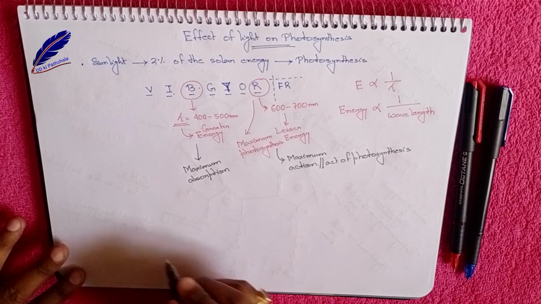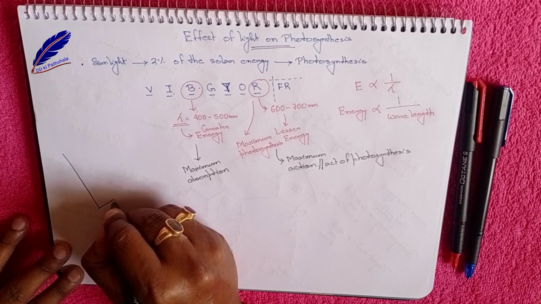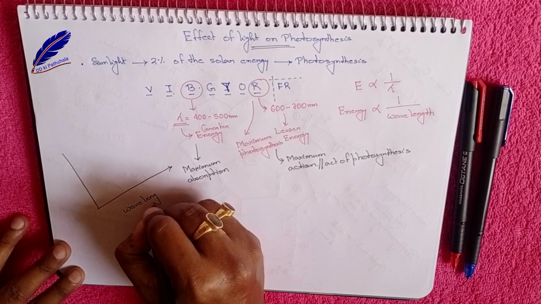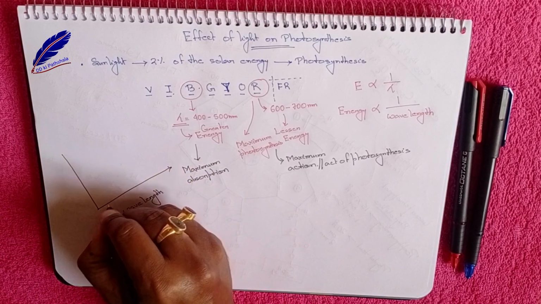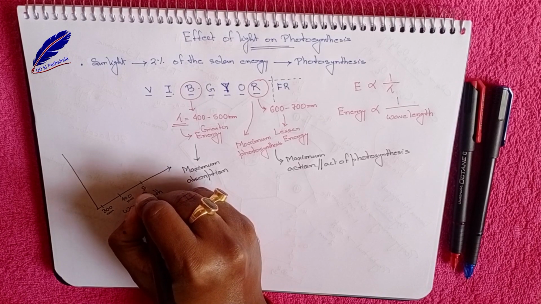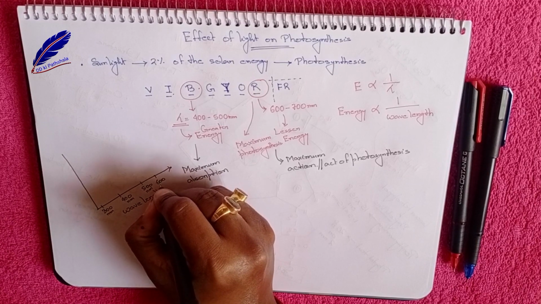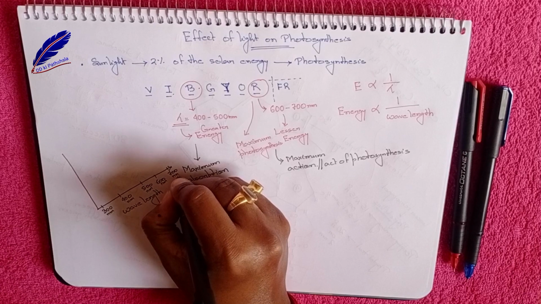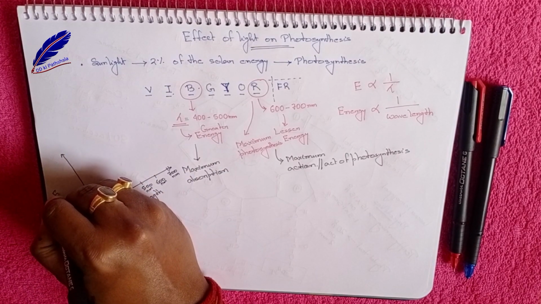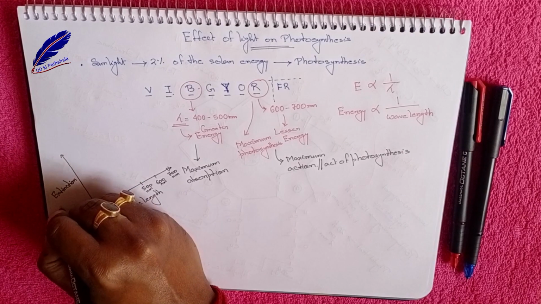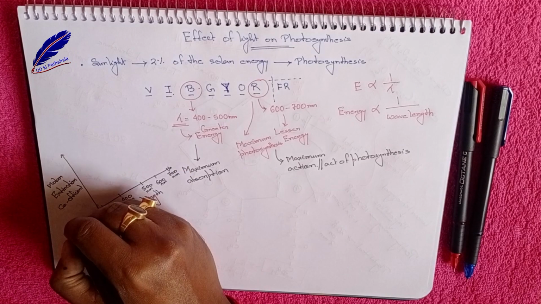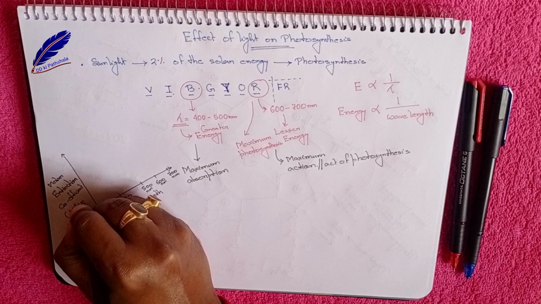Now, what I am trying to say, if I plot it graphically, the x-axis represents the wavelength of light, plotted as 300 nanometer, 400 nanometer, 500 nanometer, 600 nanometer and 700 nanometer, and in the y-axis I consider the extinction coefficient, that is the molar extinction coefficient, in mole inverse centimeter inverse.